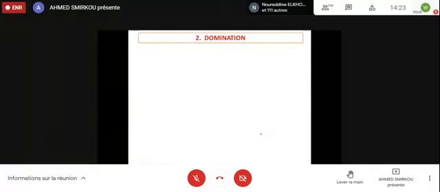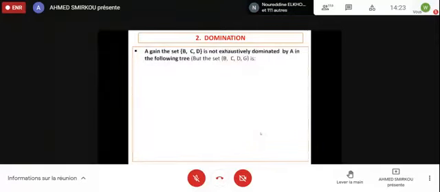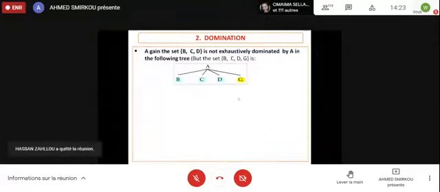Now the second problem is this, and this is somehow tricky, but pay attention to the question to understand the violation of the second part of the definition. So here the question is, is the set B, C, D exhaustively dominated by A?